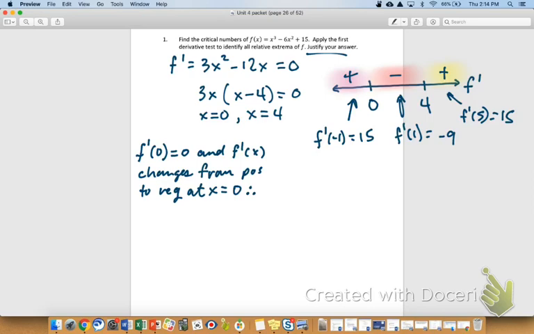Therefore, what do I have on the graph of f? Relative max. Yeah, there we can say, therefore, f has a relative max at x equals 0.